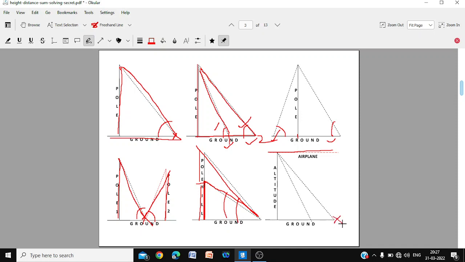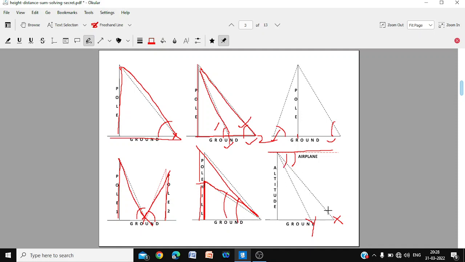And here we have an aeroplane flying, and from the aeroplane there are 2 points of observation. The aeroplane is looking at point X, the aeroplane is looking at point Y, and these are the angles of depression when a person from the aeroplane is looking at X. This is the angle of depression, and when the person from the aeroplane is looking at Y, then this is the angle of depression.